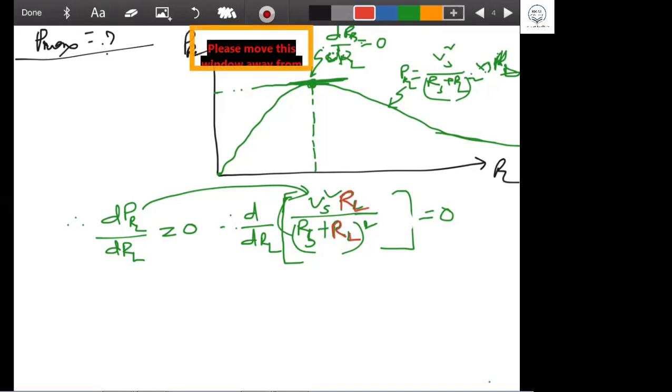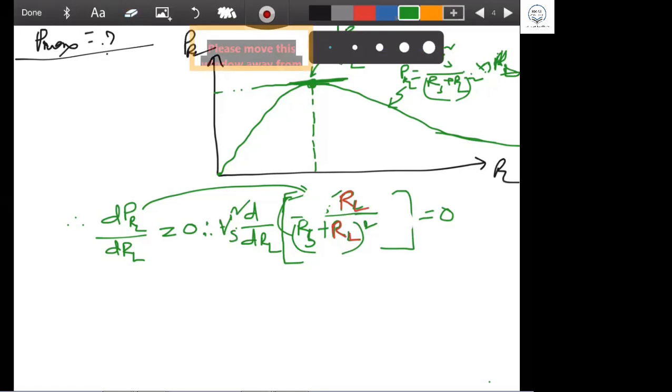Now if you see, VS square is a constant. So all of you look carefully. VS square is constant, so I can take the VS square out. Is it okay for you to understand?